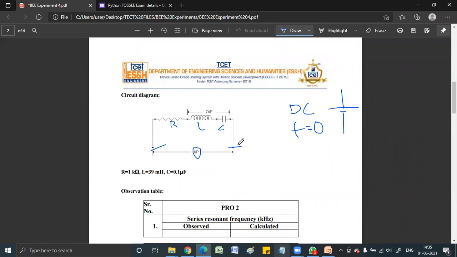An AC signal has how many components? Can you tell? Two.